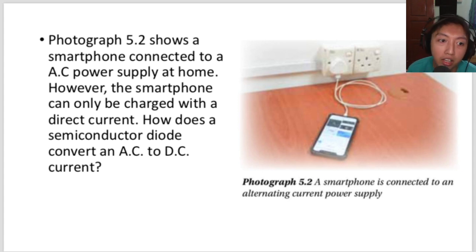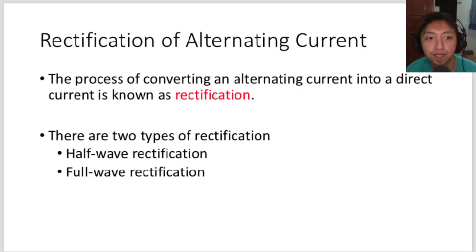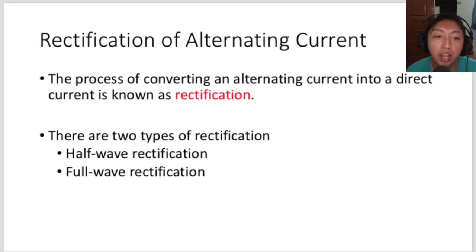You can only charge it with a direct current. The process of converting an alternating current, or AC, into DC is known as rectification. That's the term for it, rectification. So when I say rectify the current, that means I'm turning AC current into DC current.